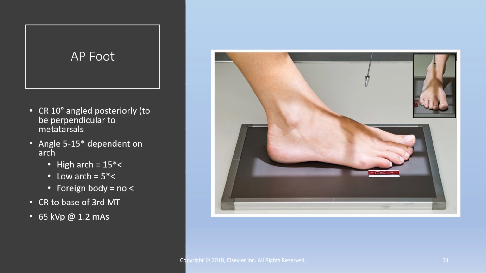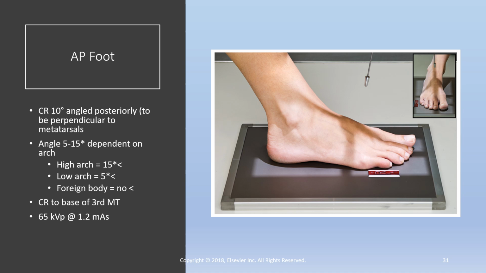All right, an AP foot, this is on page 232 of your textbook. With this, again, you're going to be able to identify any fractures, any dislocations, any joint space abnormalities, or soft tissue effusion. You can do foot for foreign body.